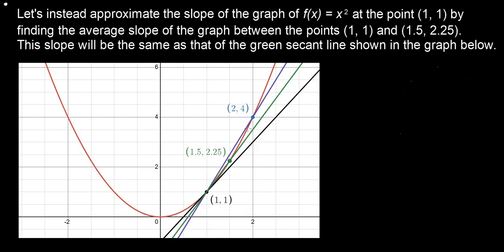So I think that's a good strategy, so we're going to go with that. We'll say that the slope at 1, 1, again, it's not exact, but it's approximately equal to the slope of the green secant line.